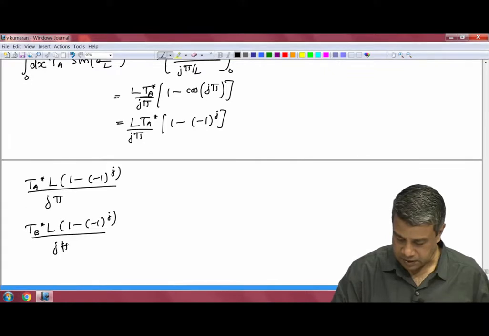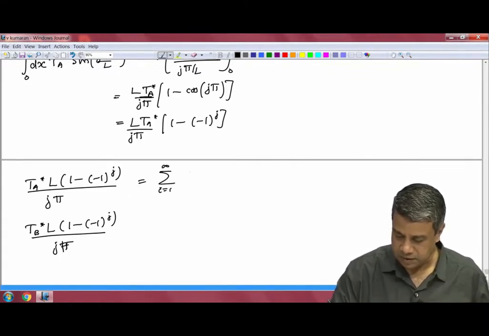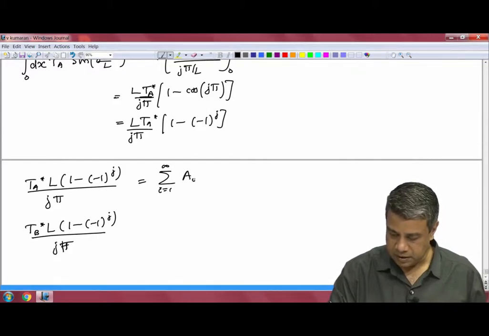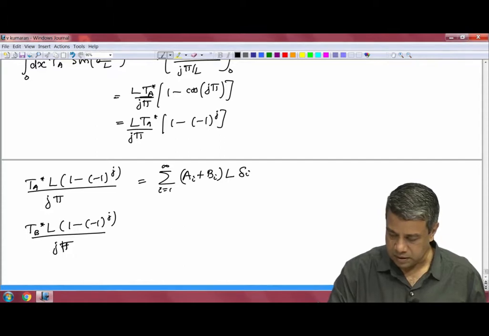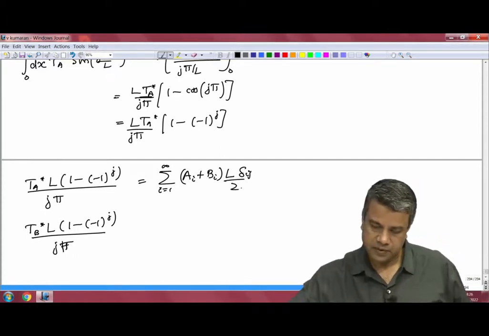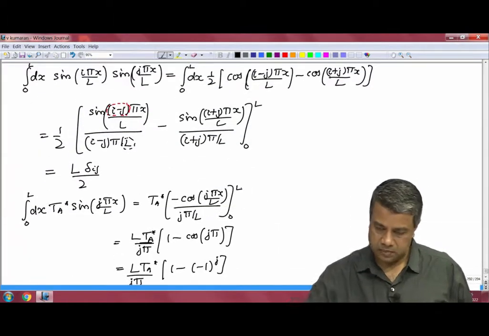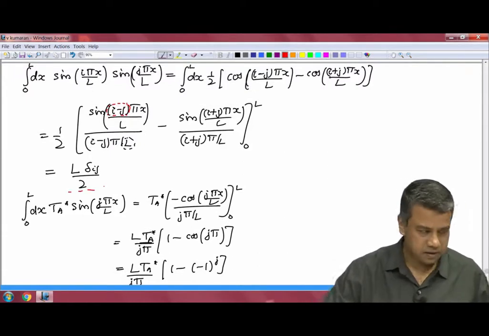On the right side I have summation i is equal to 1 to infinity of Ai plus Bi into L delta ij by 2, because of the orthogonality relation here.